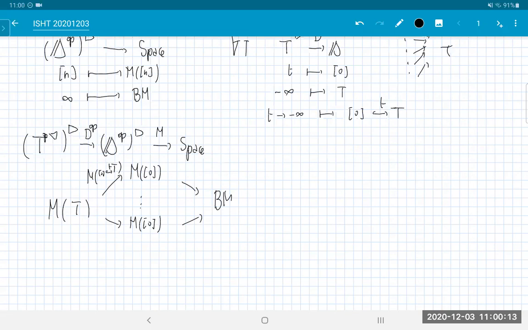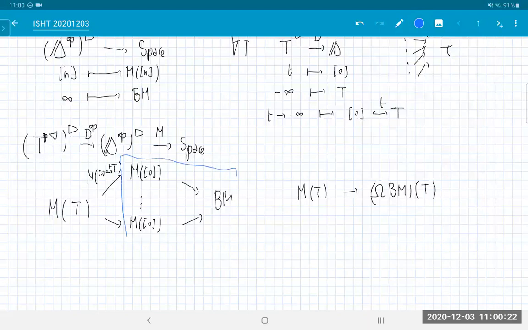And this gives me a natural transformation to this omega BM of t, since omega BM of t is the limit of this fragment of the diagram.